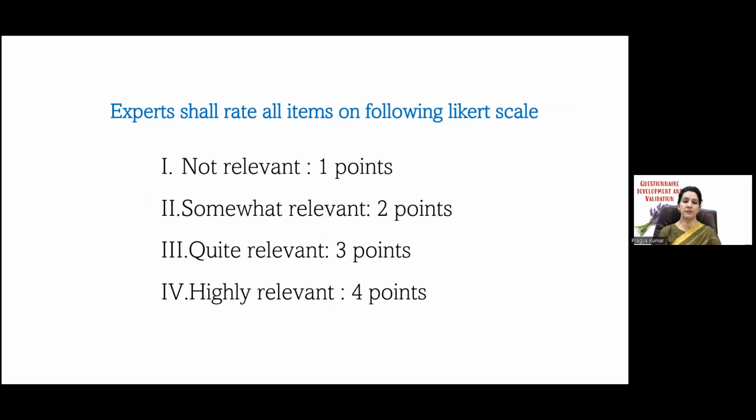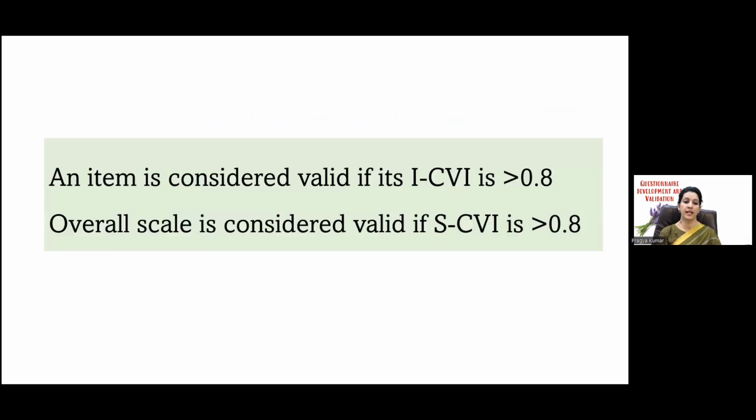Experts generally give points on a Likert scale: 1 point for not relevant, 2 points for somewhat relevant, 3 points for quite relevant, and 4 points for highly relevant. The item is considered valid if its item-wise content validity index is more than 0.8, and the overall scale is considered valid if the scale content validity index is more than 0.8.